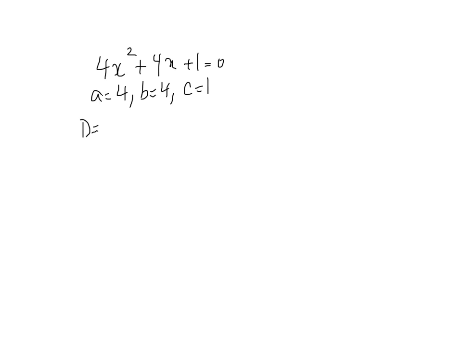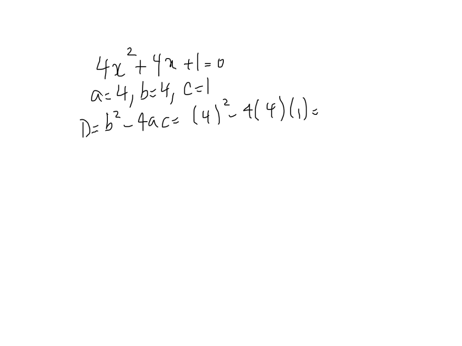The next example is to find the number of solutions to the equation 4x squared plus 4x plus 1 is equal to 0. Again, a is 4, b is 4, and c is 1, so D is b squared minus 4ac, which is 4 squared minus 4 times 4 times 1.